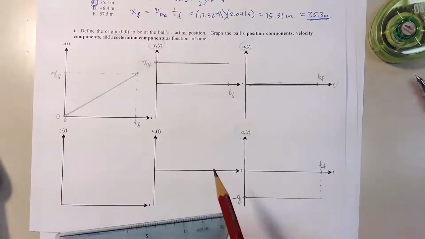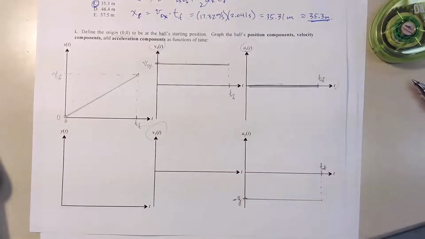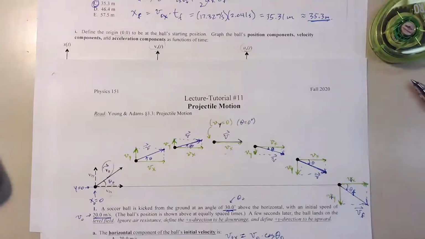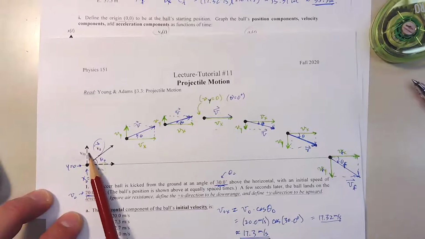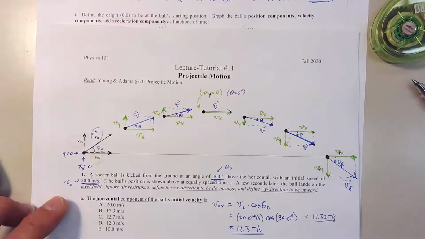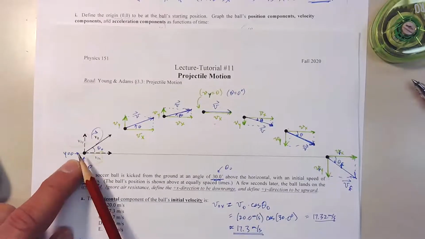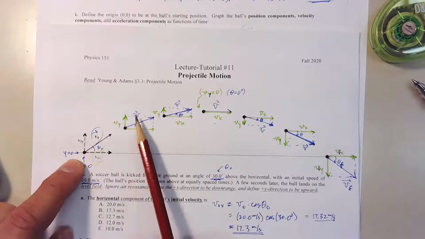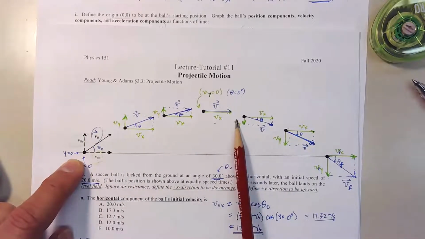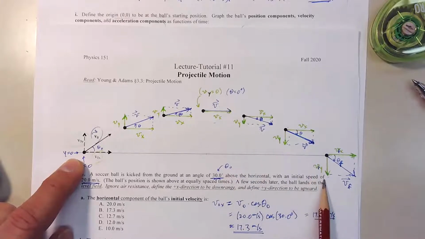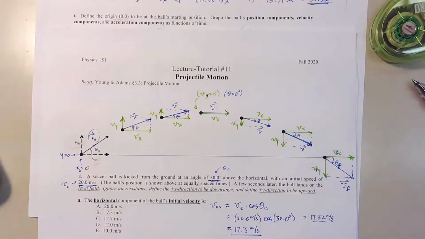How about the y component of velocity? Again, just looking at my little cartoon here, the y component of velocity starts positive in this case. The ball is launched upward from the ground. It gets less positive, less positive, less positive, reaches zero mid-flight, then becomes more negative, more negative, more negative until landing. It has its greatest negative value.